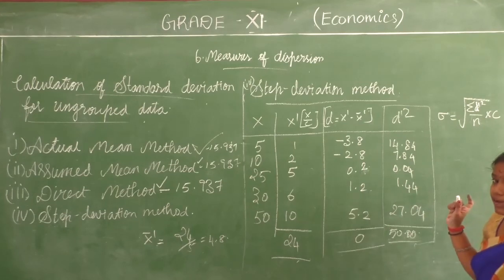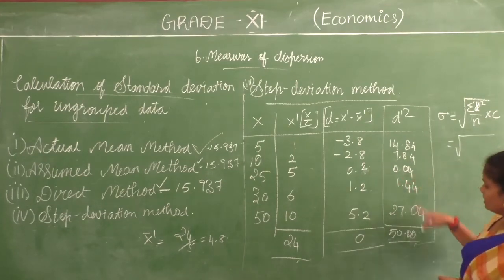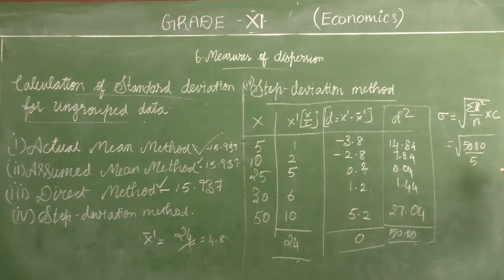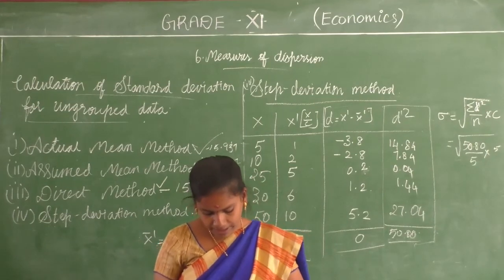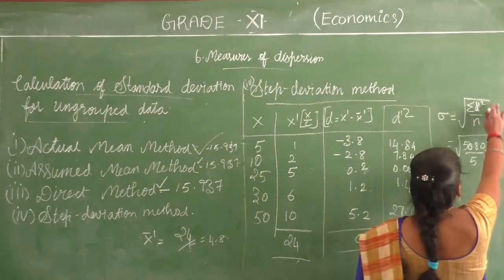What is your common factor? 5. Sigma d square is 50.80 divided by 5, into c. What is your c? 5. So when you divide it, you get a value.